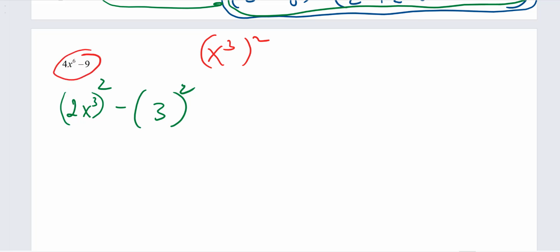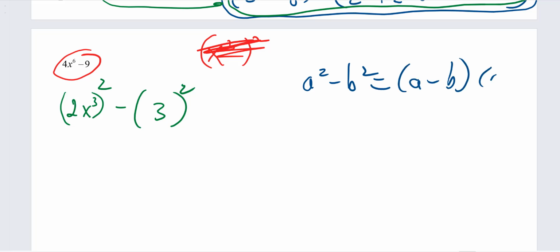So our original thing looks like something squared minus something squared. That's called a difference of 2 squares. And that's one of your formulas, which instead of scrolling back, I'll just write it for you, is that. So we can apply the formula.